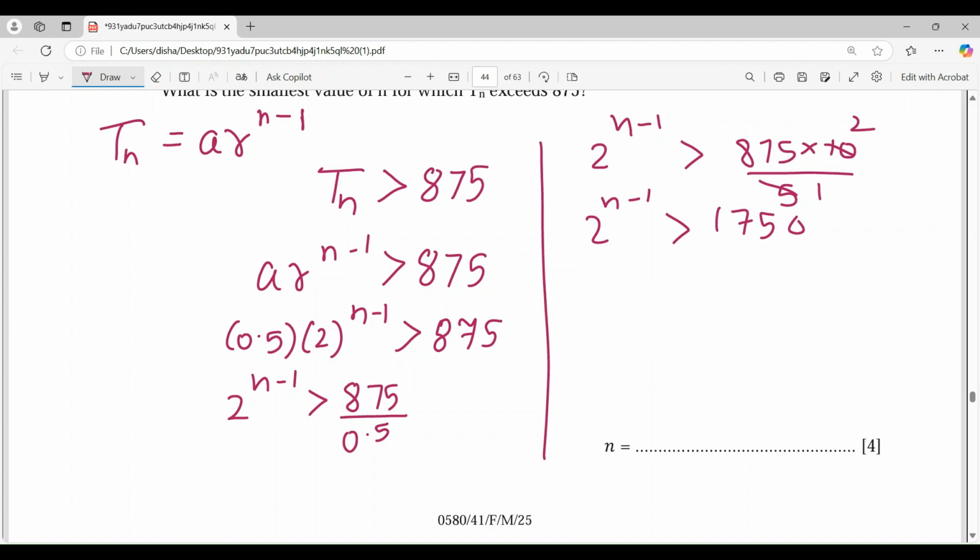Now here you have to compare. 2 raised to 10 we know is 1024, right? And 2 raised to 11 is 2048.